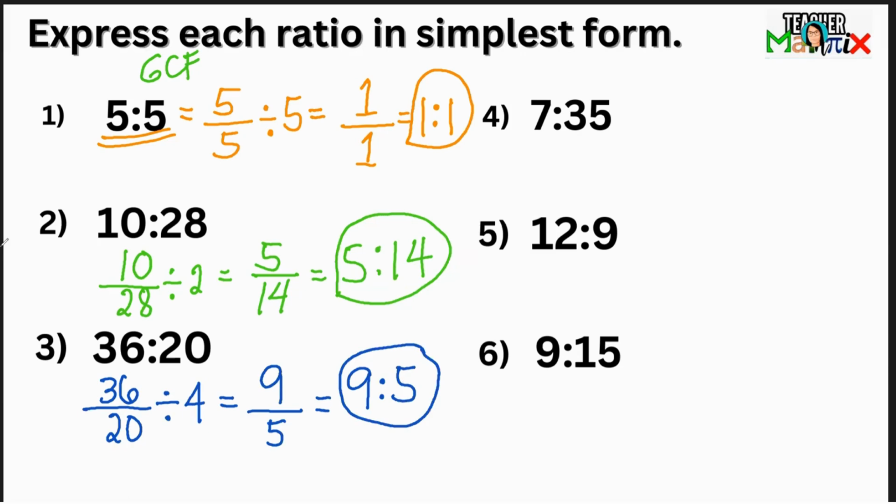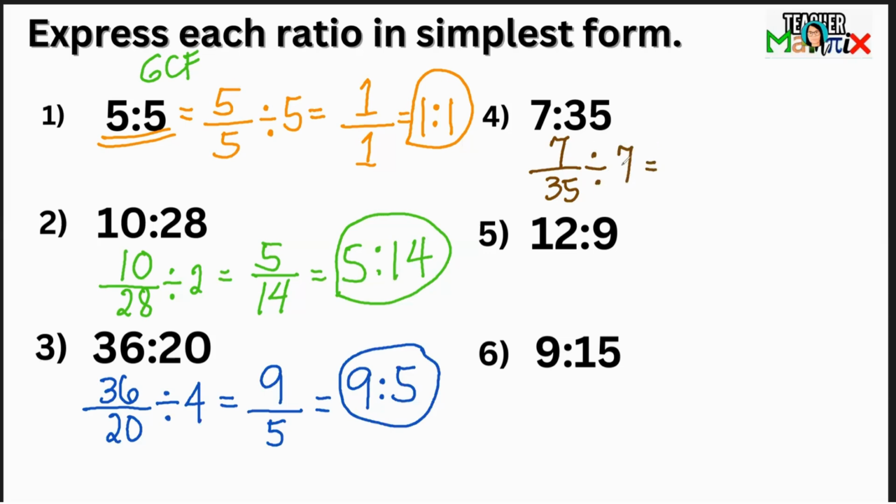Next. Dito tayo sa number 4. Convert in fractional form, 7/35. Then yung common factor nila or greatest common factor is 7.